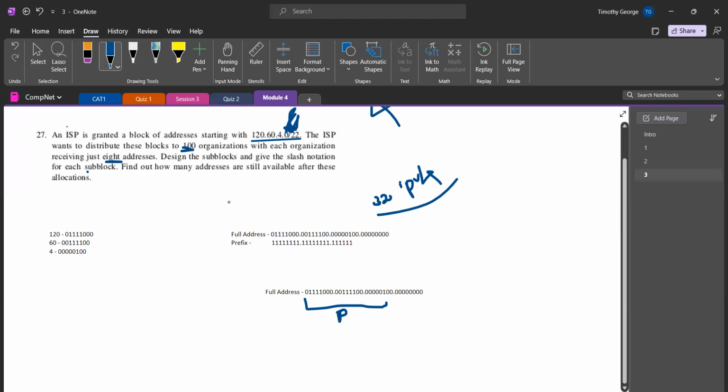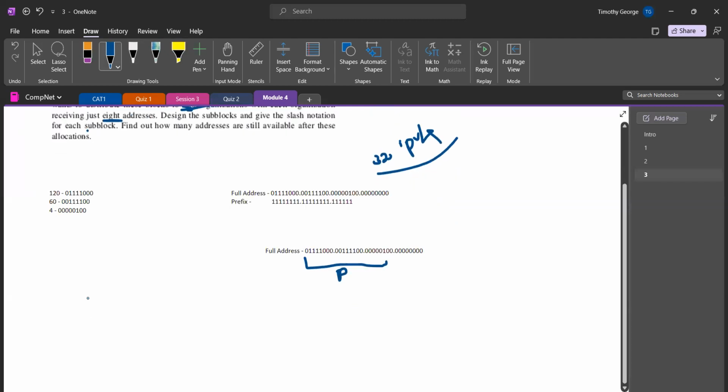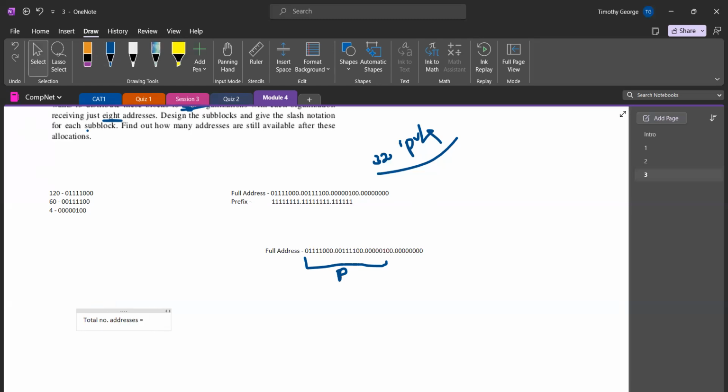Okay. Now, how many bits do we need to represent everything? We're given 100 organizations, each with 8 addresses. So the total number of addresses is simply 100 times 8, 800.